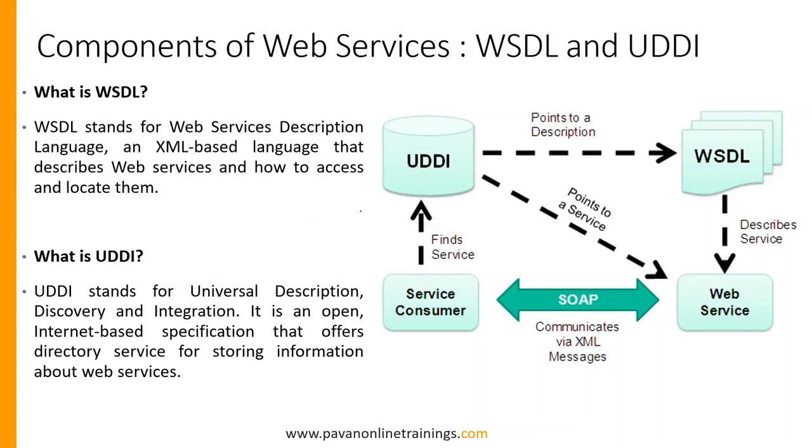Now let's see a few more components of web services. And now I am talking about web service. A web service contains two important things, and we have discussed two types of web services. One is SOAP services, the other one is REST services. But if you take overall web services, there are two components. One is called WSDL, which stands for Web Services Description Language.